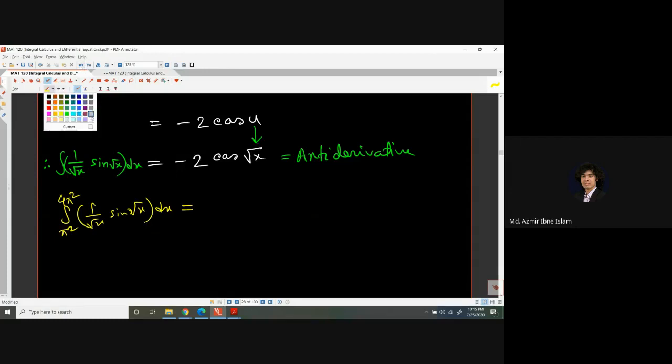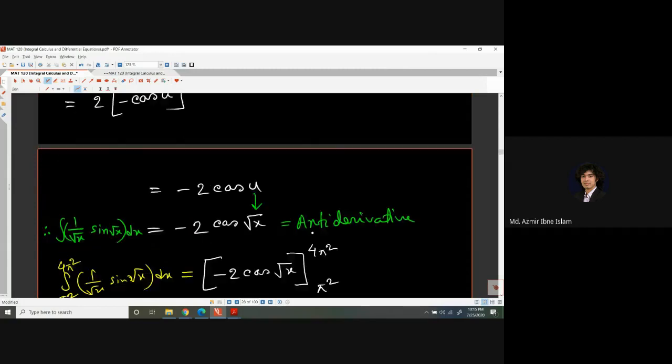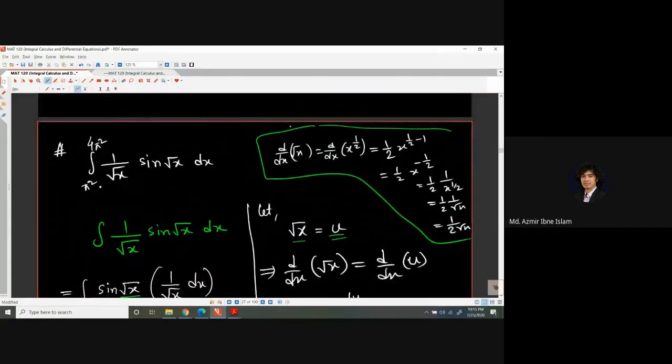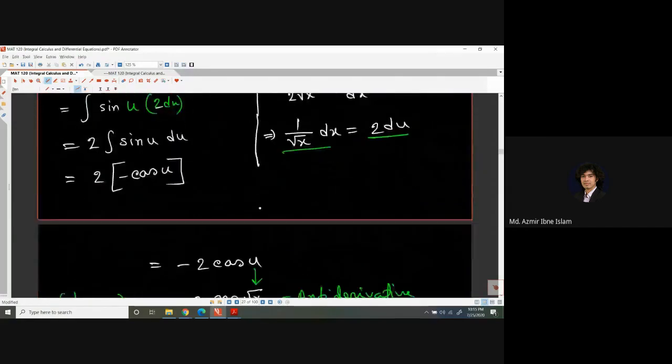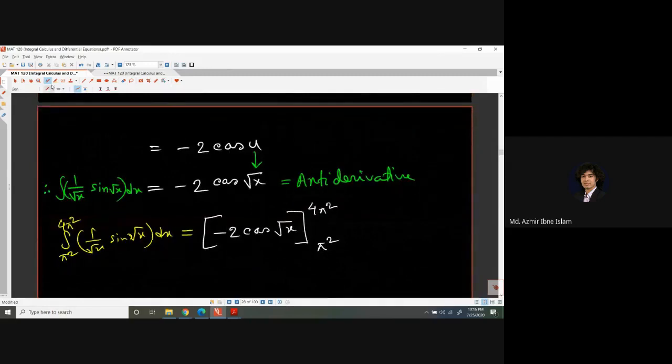With this antiderivative, we have upper limit 4 pi squared and lower limit pi squared. Let me check again, pi squared and 4 pi squared. Yes. That means we are applying the fundamental theorem of calculus.